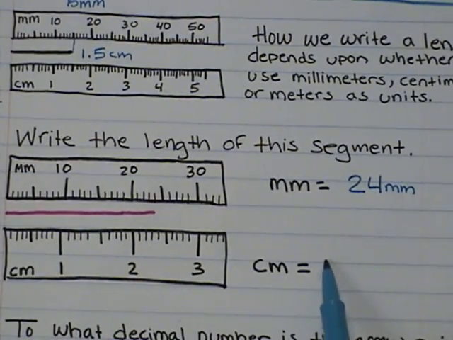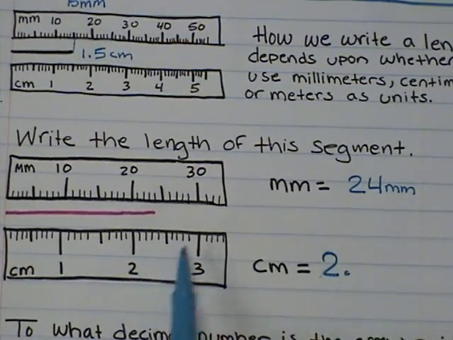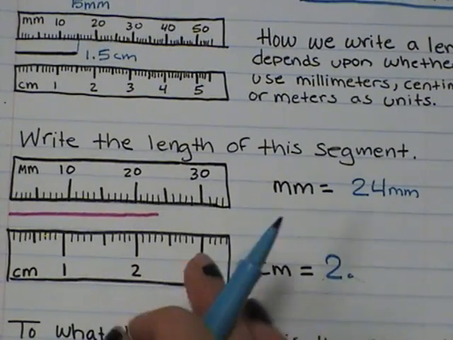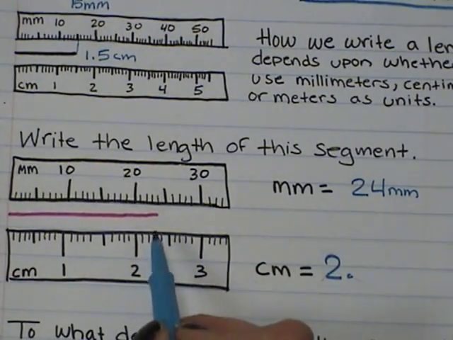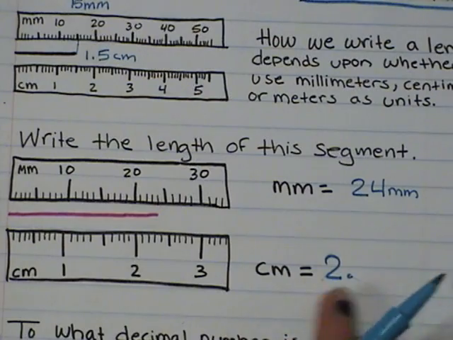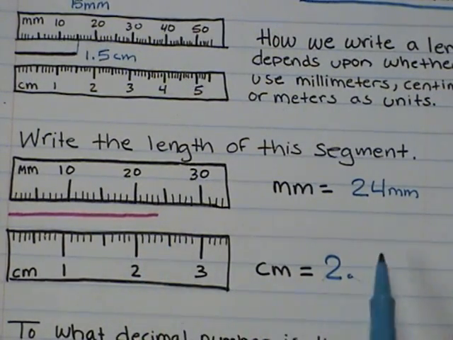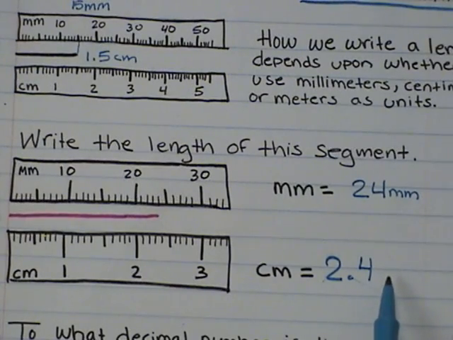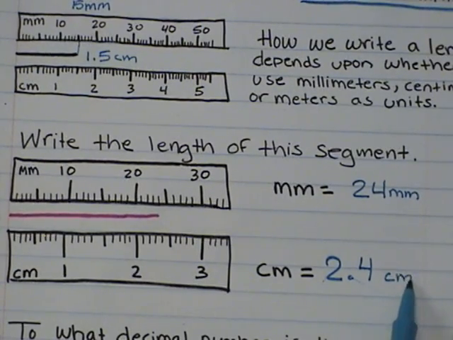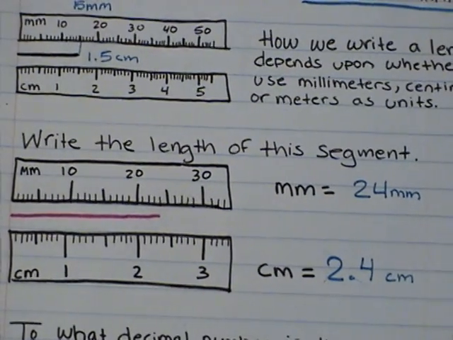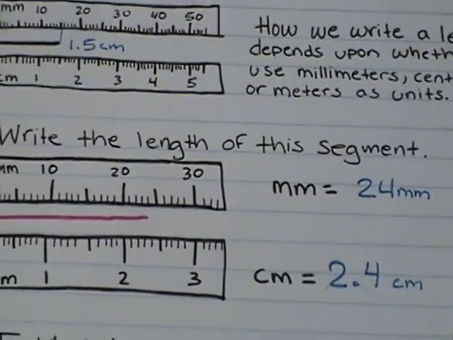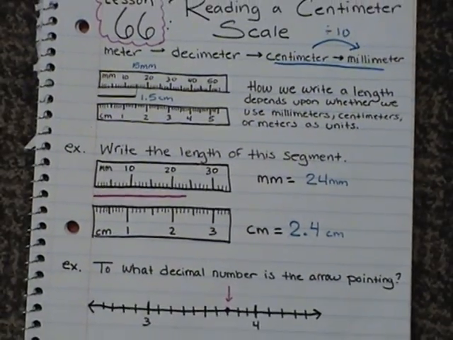So I know my whole number is going to be a 2, and I'm going to have a decimal because I do not have a full 3. So I'm going to count my millimeters now. How many tenths do I have? 1/10, 2/10, 3/10, and 4/10. So my answer is going to be 2.4 centimeters. Alright, let me zoom out here so you can see the rest of the example.